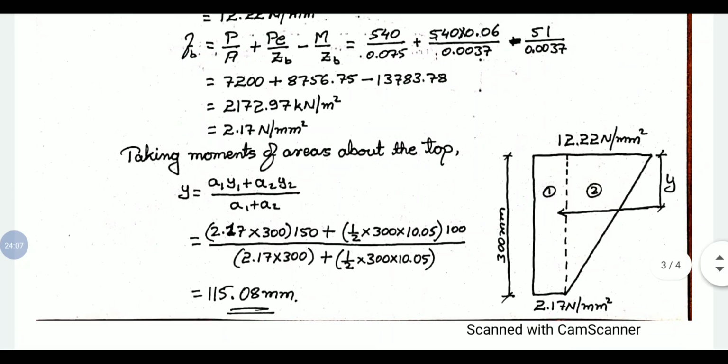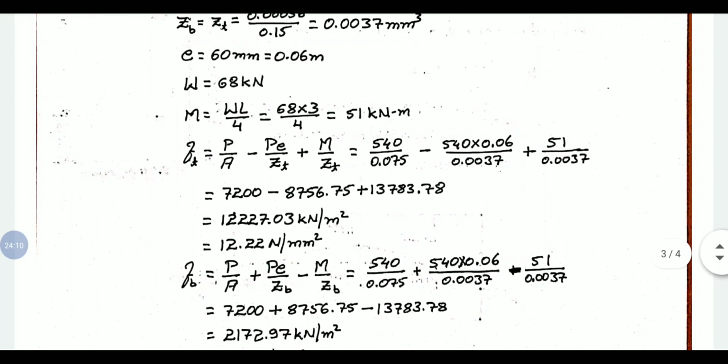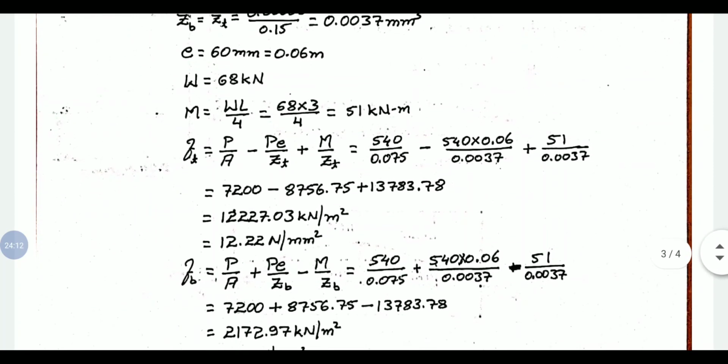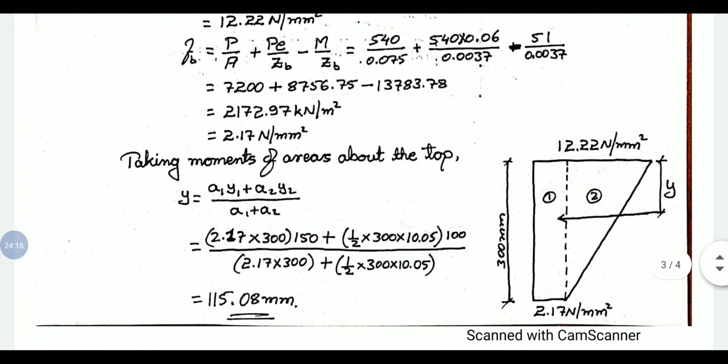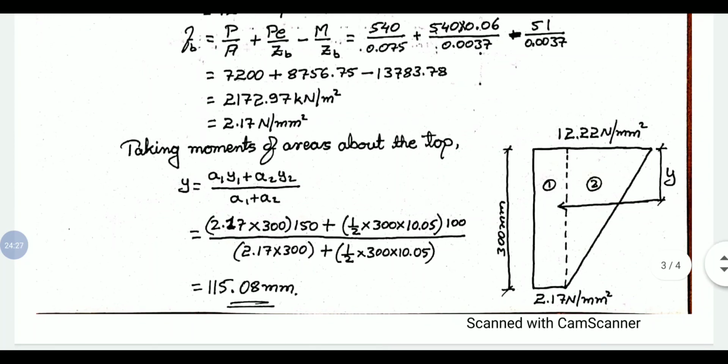The fiber stresses we have calculated are exactly for the center of the span, that is, we are calculating the lever arm for the midspan, that is, the location of the pressure line at midspan. So taking moments of area about the top, first we need to draw the resultant stress distribution diagram, and we need to locate the centroid of that particular stress distribution diagram.